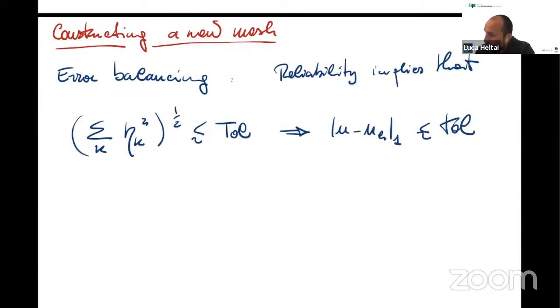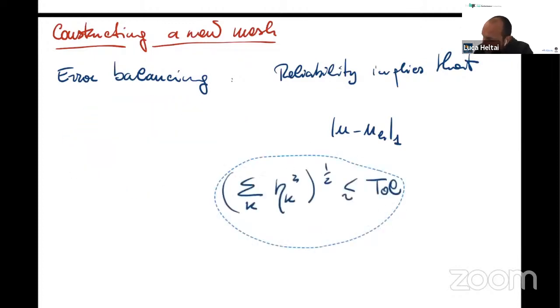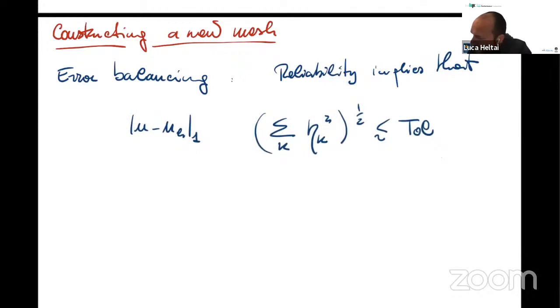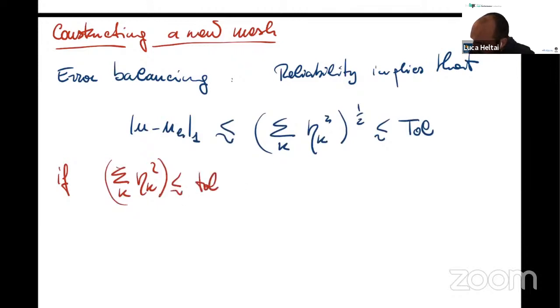Okay, so you can guarantee in a certain sense, let me actually do that, so it's much easier to understand what I'm writing. So what I'm saying here is that the error is controlled by the sum of local error estimators, and if the sum of eta k square is more or equal than the tolerance, then u minus uh is more or equal than the tolerance.